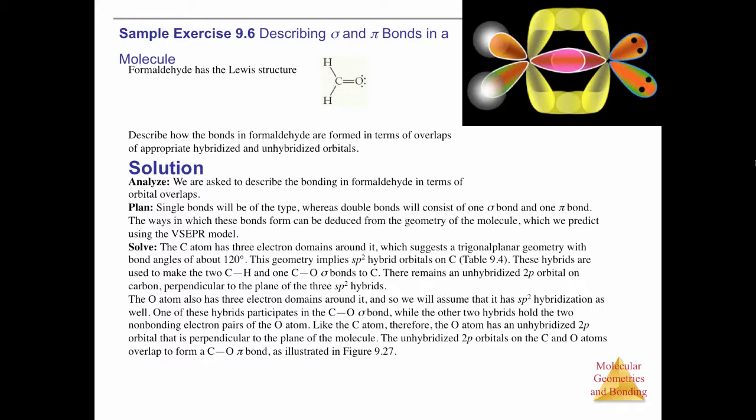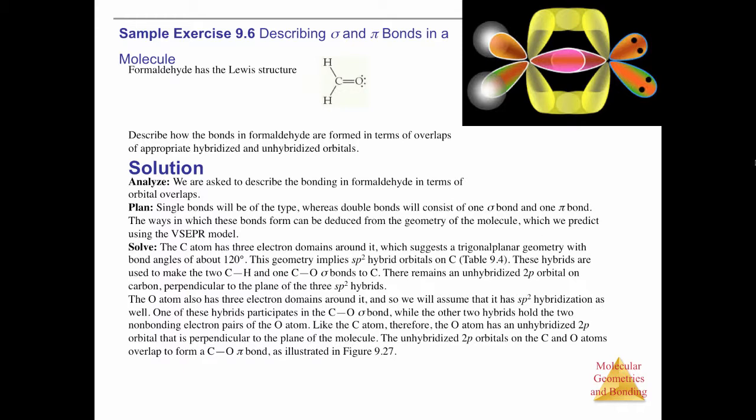This geometry implies sp2 hybrid orbitals on the carbon. These orbitals are used to make the 2 carbon-hydrogen and 1 carbon-oxygen sigma bonds to carbon. There remains an unhybridized 2p orbital on carbon, perpendicular to the plane of the 3 sp2 hybrids.